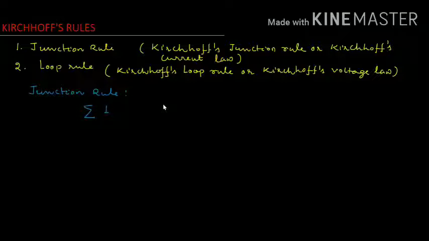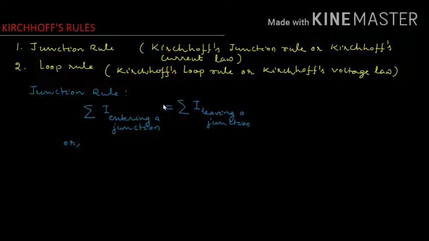Summation I entering a junction is equal to sum of currents leaving a junction, or the algebraic sum of currents meeting at a point must be 0. Summation I is equal to 0.